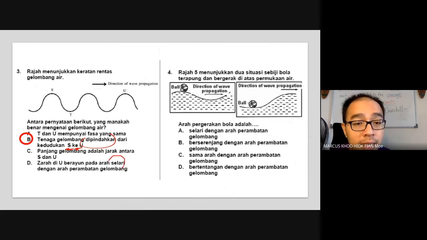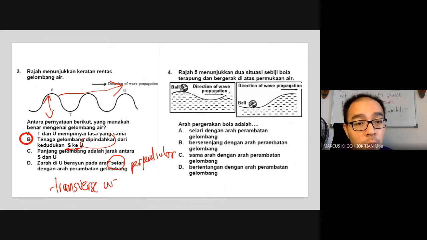The word parallel is not correct, because this is perpendicular, because the waves are going up and down, but the propagation is going this way. So it's not parallel, it's perpendicular. And this is known as a transverse wave. When the oscillation and the propagation are perpendicular to one another, it's a transverse wave.